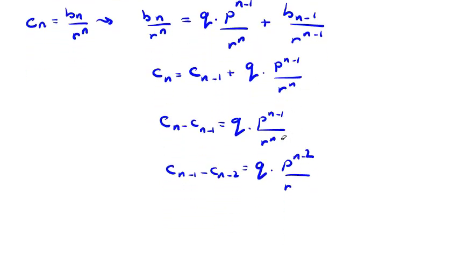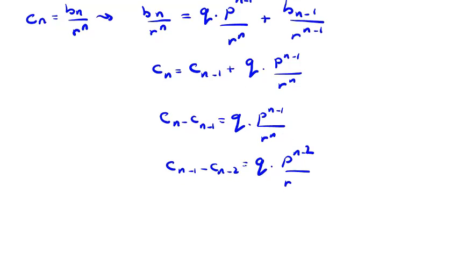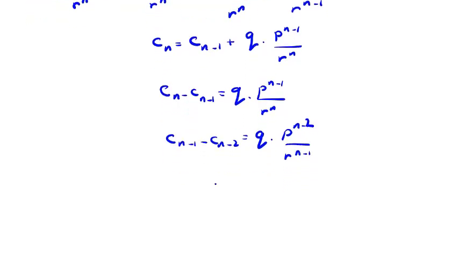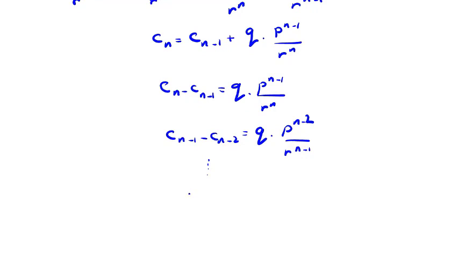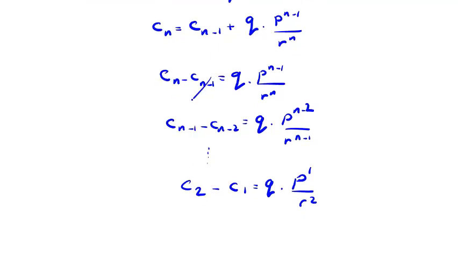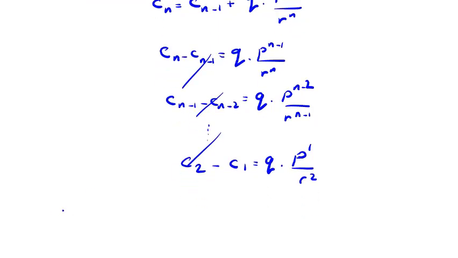Okay, let me correct it: here it will be r^{n-1}. And we write c2 minus c1 equals q times p to the power of 1 over r to the power of 2, r squared. Now if we add all these numbers, then we have what?